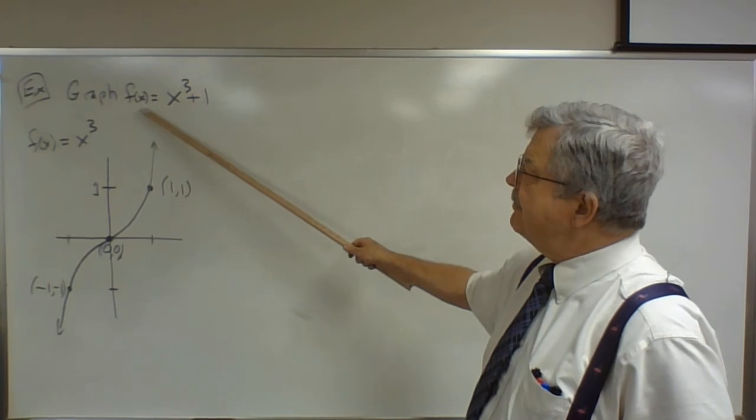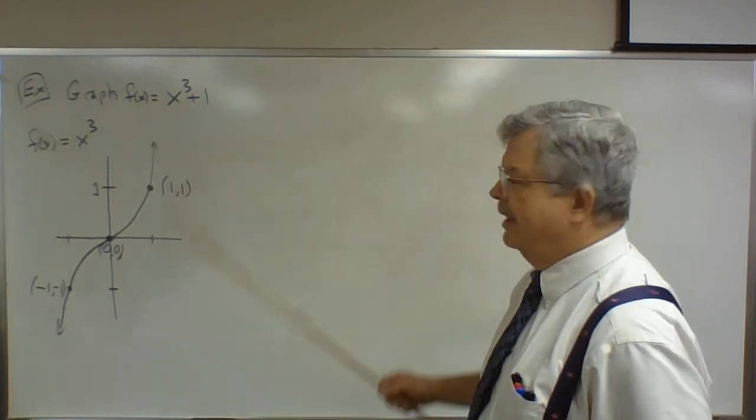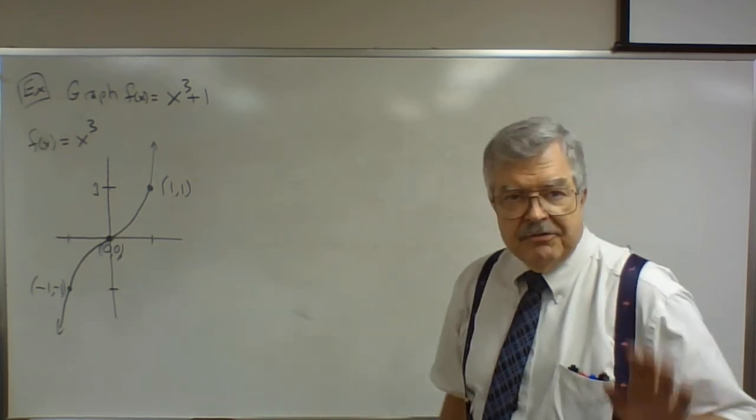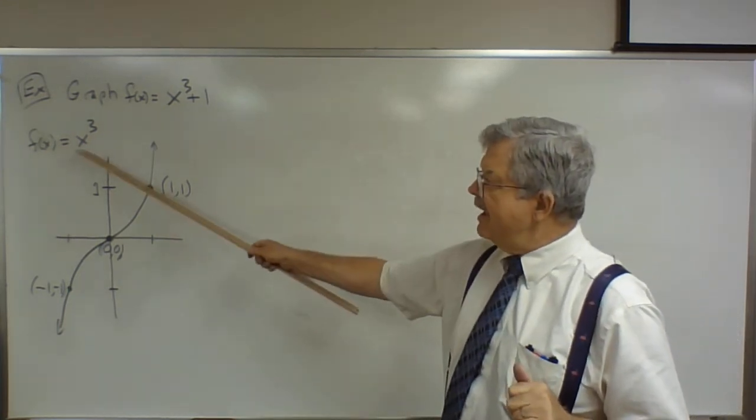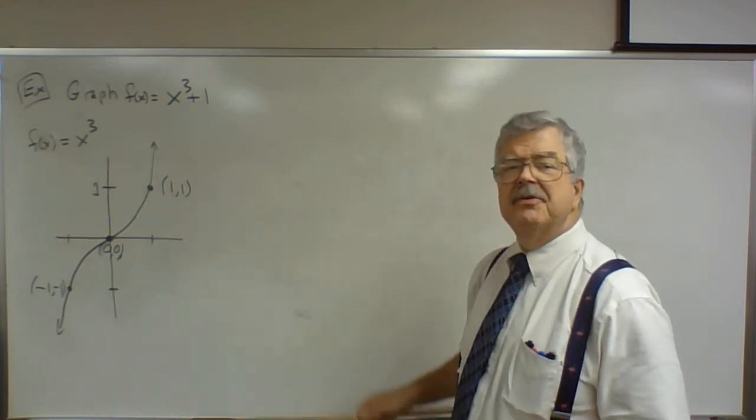We want to graph the function f of x equals x cubed plus 1. So to start off with, we look at the graph of the related function x cubed just for reference.